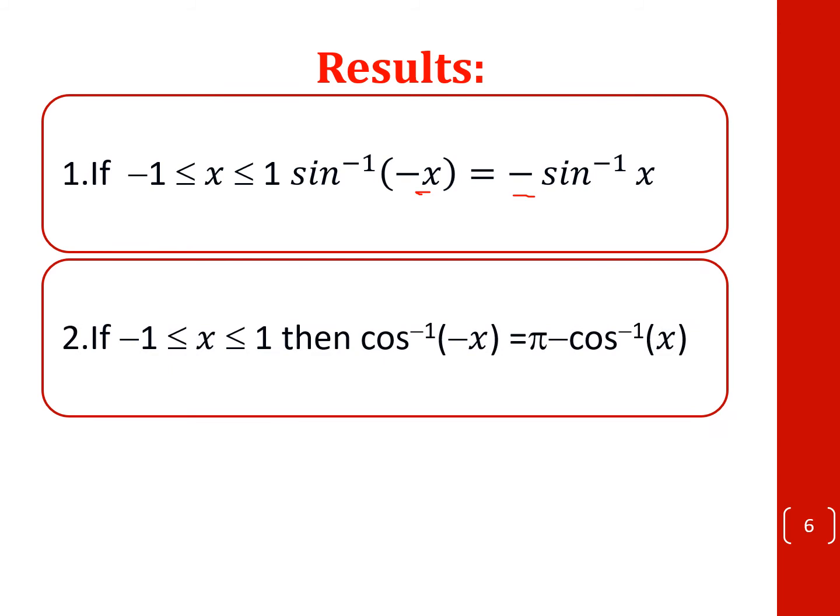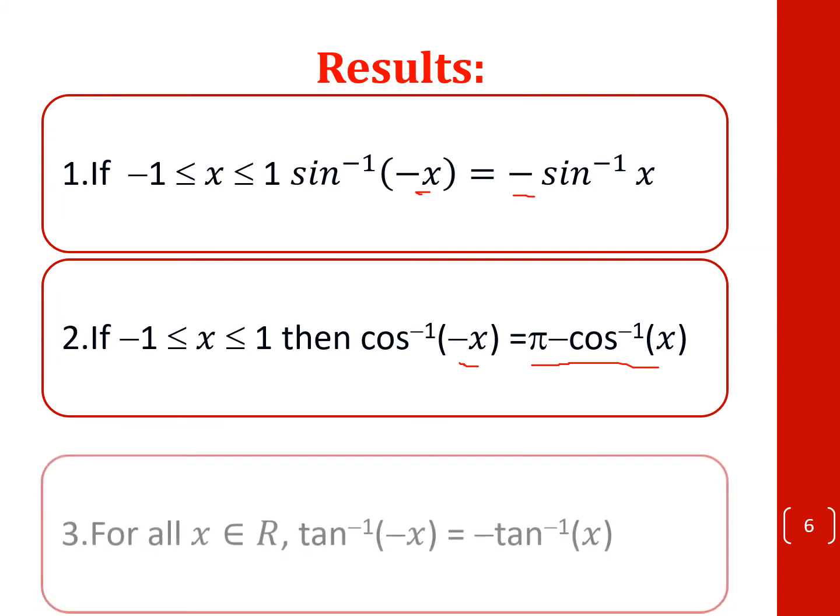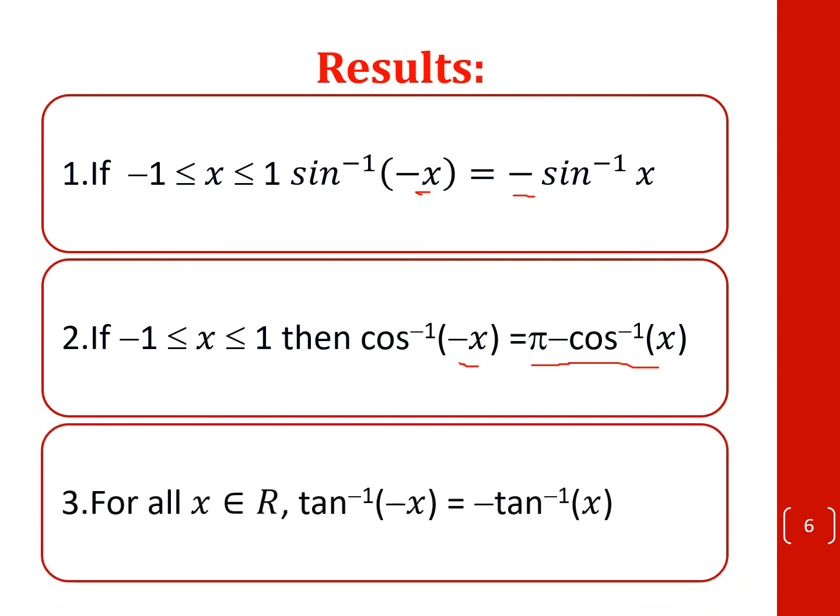Second, if -1 ≤ x ≤ 1, then cos⁻¹(-x) = π - cos⁻¹x. And third, for all x belongs to R, tan⁻¹(-x) = -tan⁻¹x. We need all these results while solving examples.